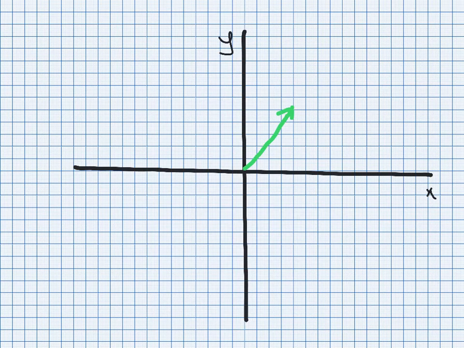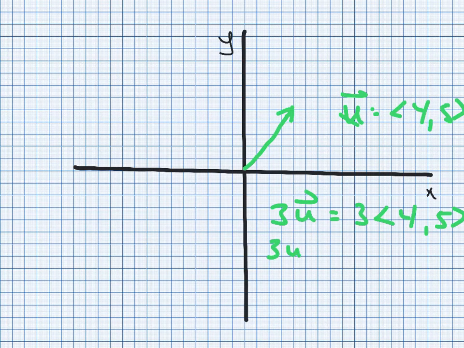Where is he? Well, my u equals 4, comma 5. And now he's walked this 3 times. So 3 times u equals 3 times 4, comma 5, which then gets me, and you can probably guess where this is going to end up, 3 times 4, comma 3 times 5.